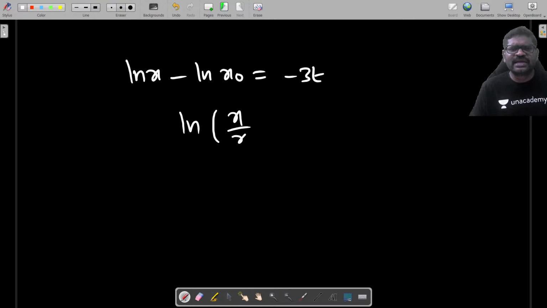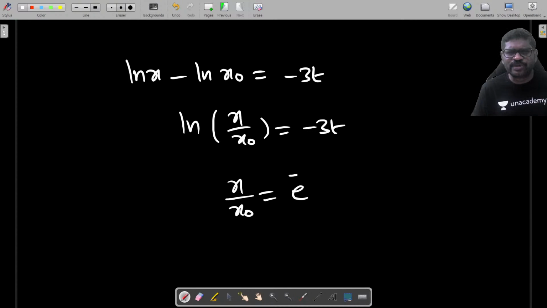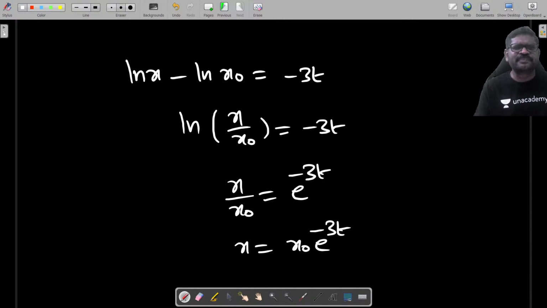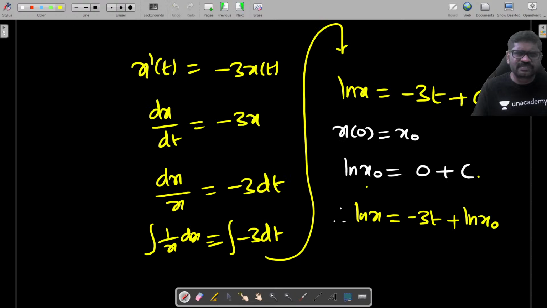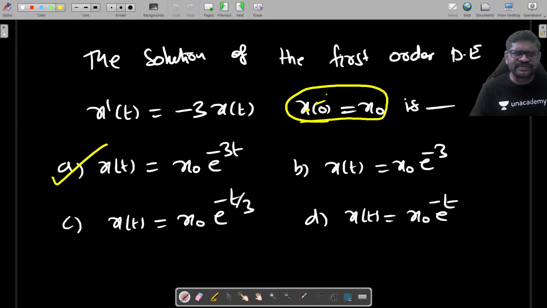Log of x by x naught equal to minus 3t. X by x naught equal to e power minus 3t. Therefore x is equal to x naught e power minus 3t. So finally the value of x of t is x naught into e power minus 3t. Therefore the correct answer is the first option.